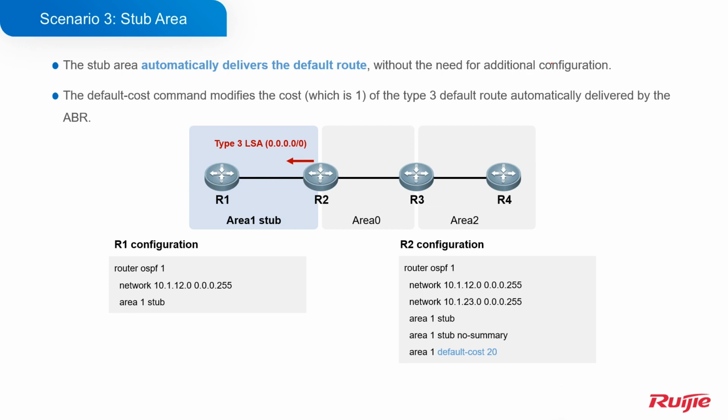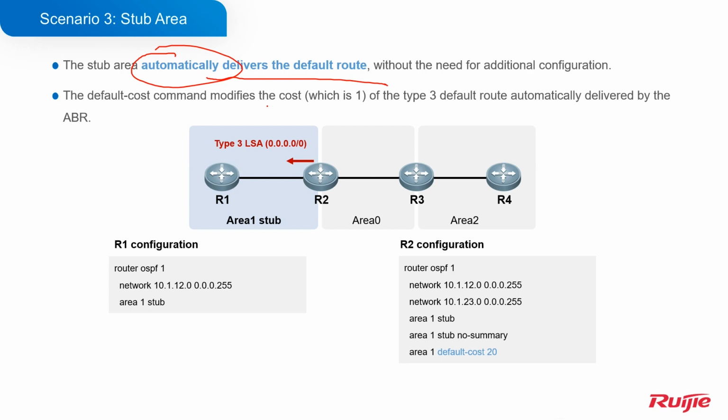Okay, next. This page introduces scenario 3 for the stub area, and we know the stub area is a special area for OSPF. We have the stub area, totally stubby area, NSSA area, and totally NSSA. For the stub area, if we configure an area to become a stub area, the stub area can deliver the default route automatically.